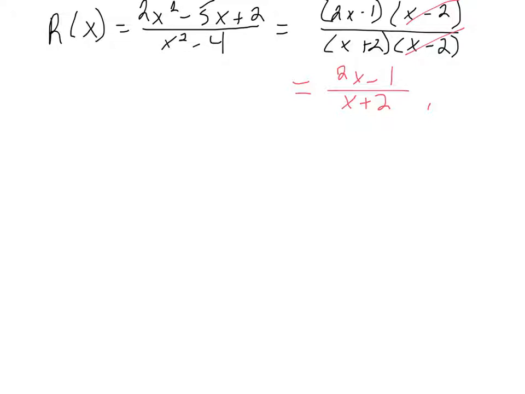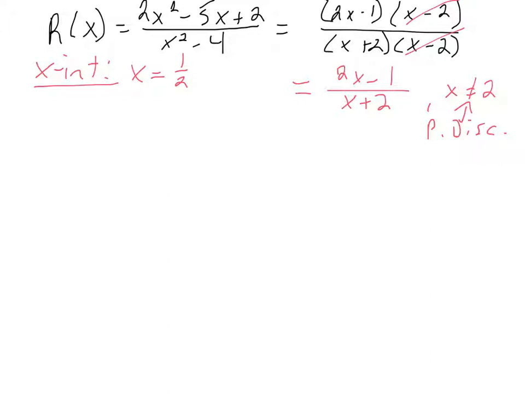But we still have to remember that x cannot equal 2. So we have a point discontinuity at that point. Our x-intercept, or zero, is at 1/2.